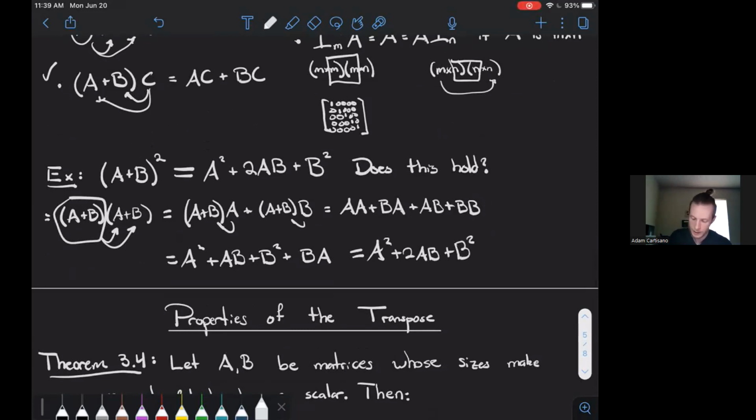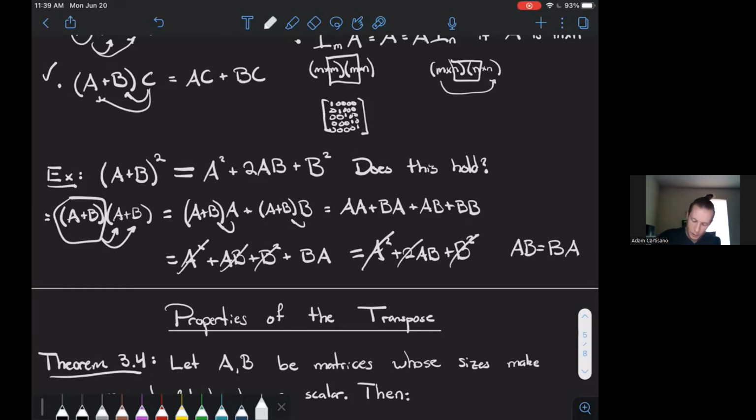If I were to subtract A squared, B squared, and 1AB from both sides, I'm left with the result that AB equals BA, which is the commutative property that we know and love.